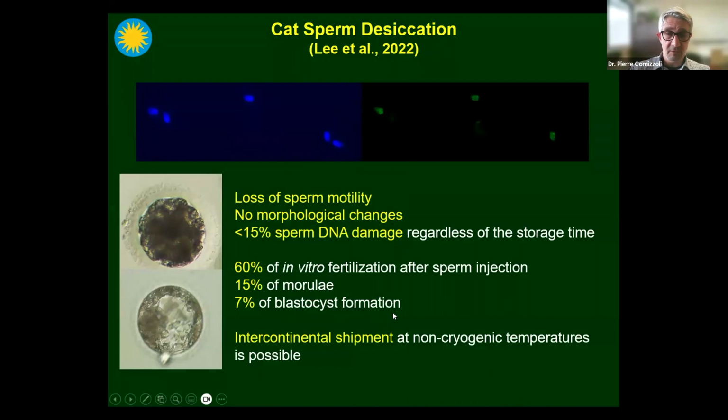We even had a collaboration with colleagues in Berlin, Germany, where we dried the sperm in the United States. We shipped the sperm to our colleagues at non-cryogenic temperature, and they were able to rehydrate them, inject them into oocytes, and obtain embryos themselves. That's again something very experimental, but very exciting.